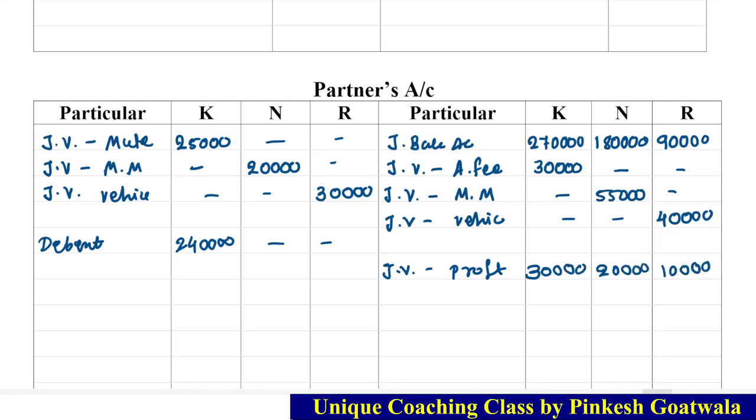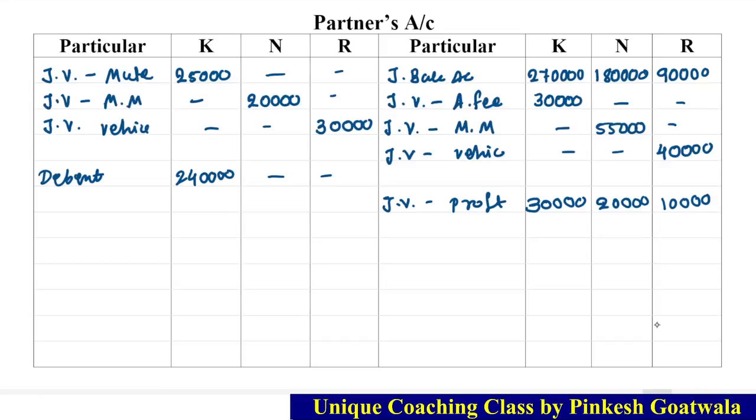So 90 and 10, 140 total here, minus 30, so difference 1,10,000. 180, 55 and 20, total 255 minus 20, so 235 difference. 270, 30 and 30, total 3,30,000 minus 25 minus 240, difference comes 65.